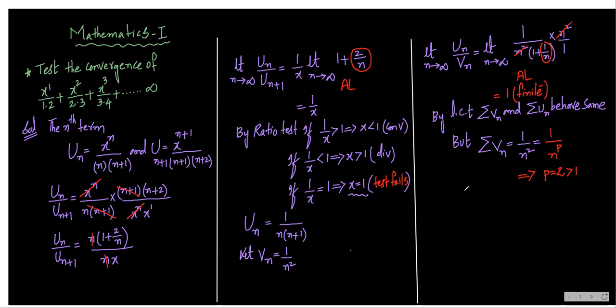So by p test, summation Vn convergent. इसका मतलब है it means that summation Un also convergent by limit comparison. So we did not stop here.